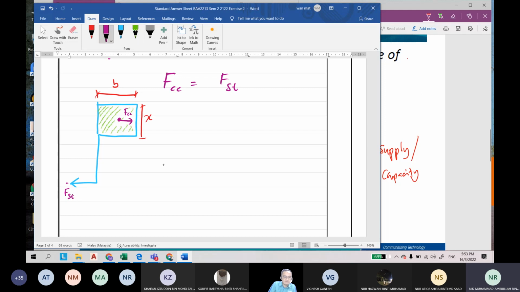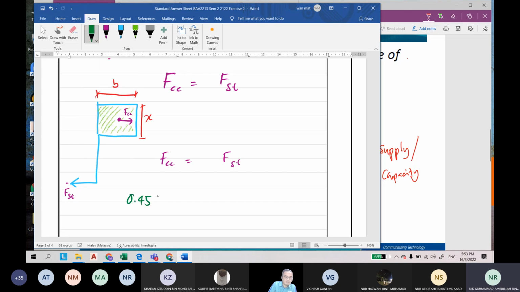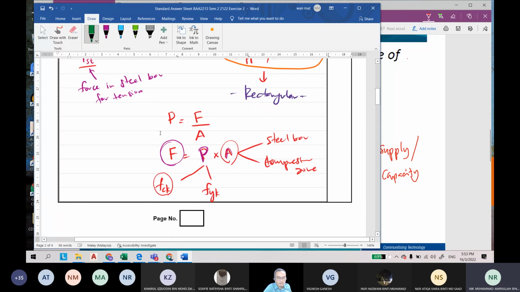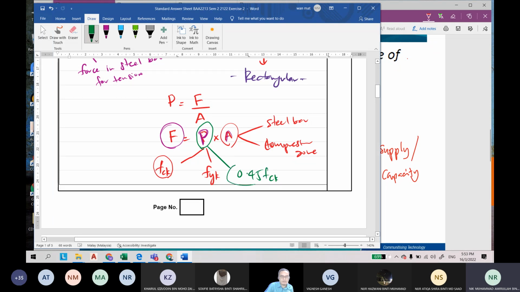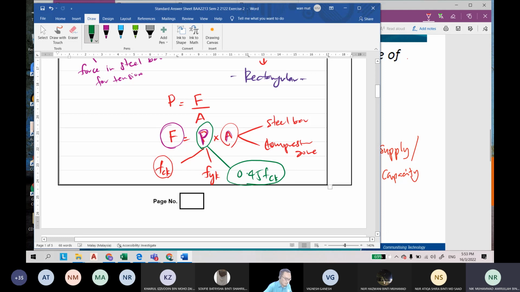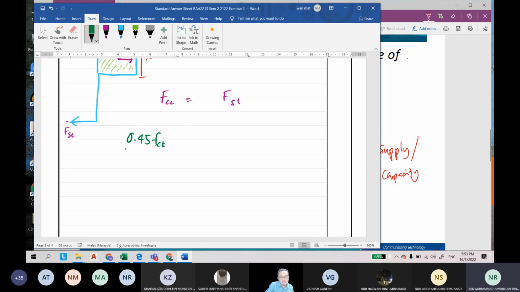So FCC is equal to FST. The pressure P is 0.45 times FCK, the compressive strength, as I mentioned before.